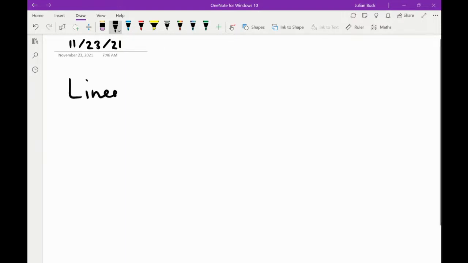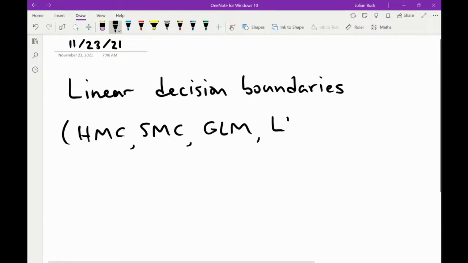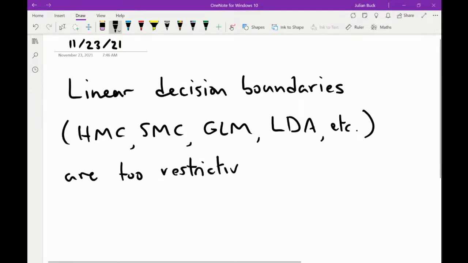So what we want to make is the following observation. Linear decision boundaries, whether coming from a hyperplane of the type we talked about, the hard margin classifier, the soft margin classifier, what we call GLM, linear discriminant analysis, etc., are too restrictive for many classification problems.